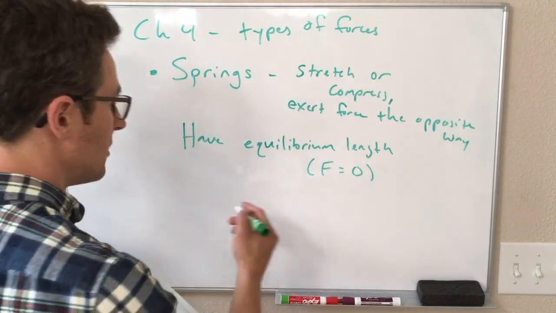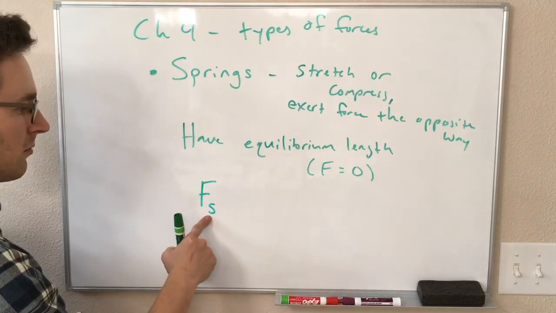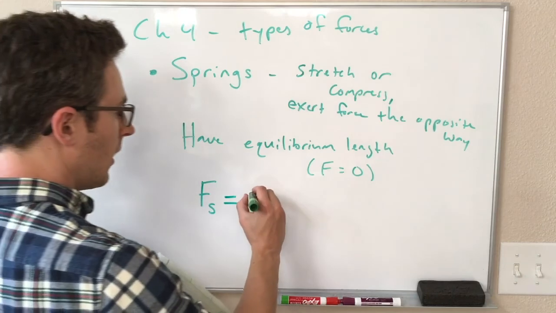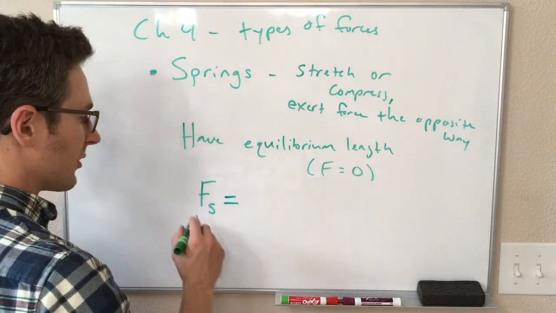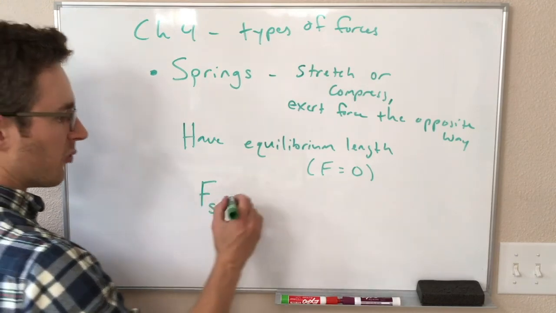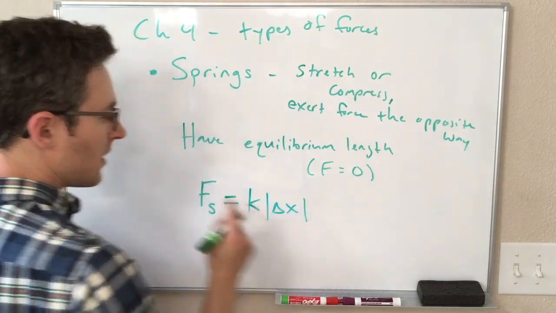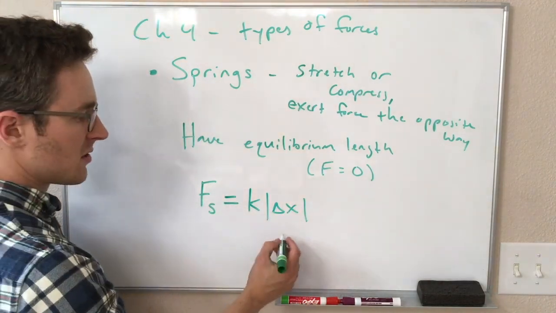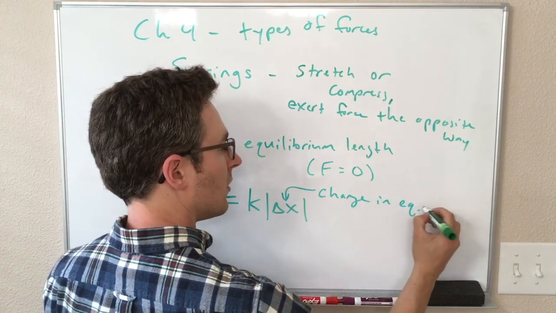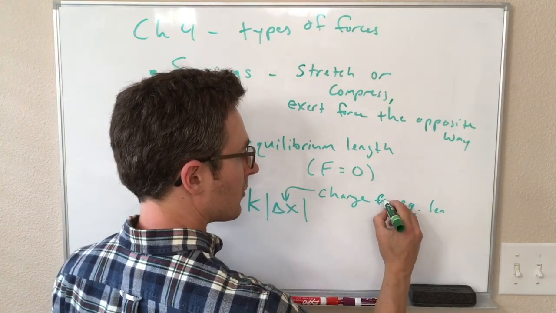The equation for this is the following. Our spring force, F sub S, now I'm going to be careful here, this is the magnitude of the spring force. This is telling us how big the force is. This is equal to K times the magnitude of delta X. This is the change from the equilibrium length.